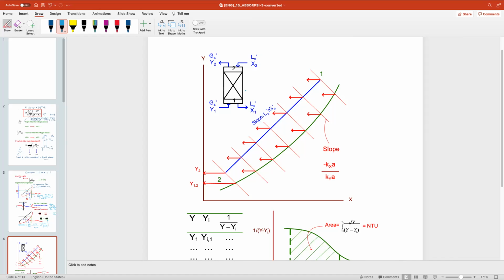Now here, the second one, the NTU, is the integral of 1 minus y dy divided by y minus yi. Because it is difficult to find the integration here, let's solve it using approximation.